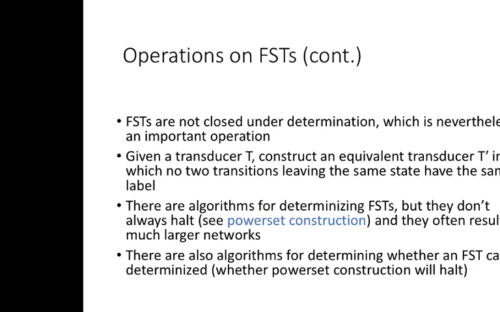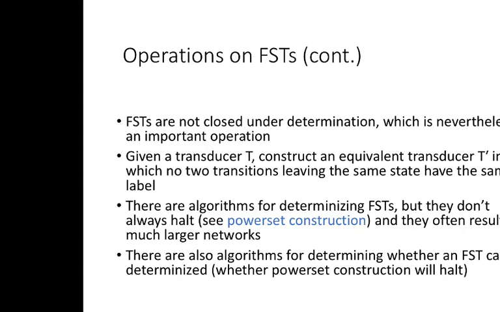Okay, so you can take a non-deterministic finite state transducer, and in some cases you can make an equivalent transducer that's deterministic. A non-deterministic finite state transducer would be one, for example, where you had more than one transition out of a state that had the same label.